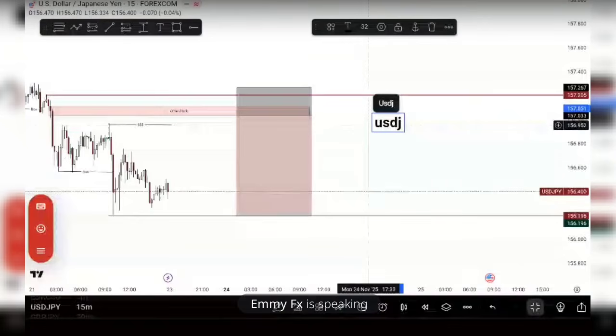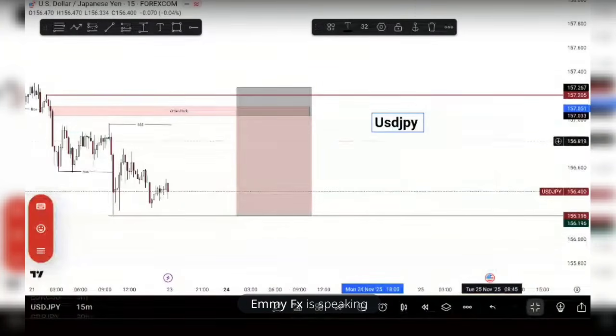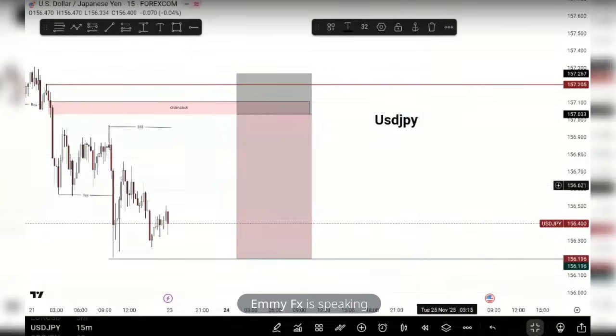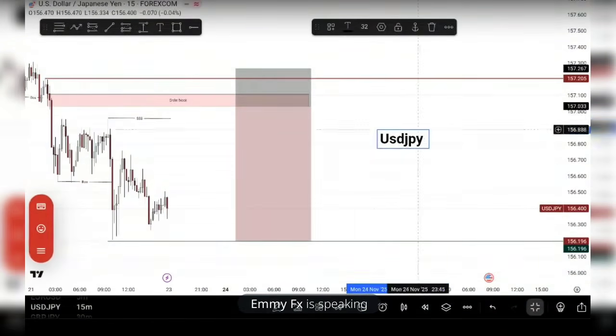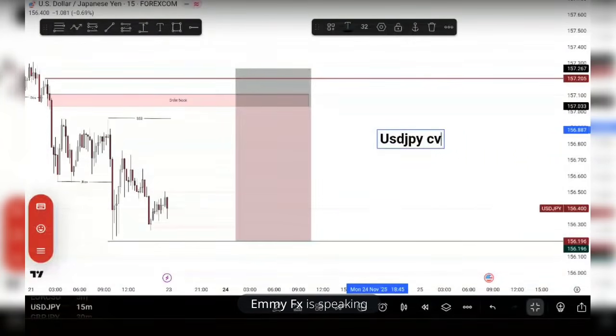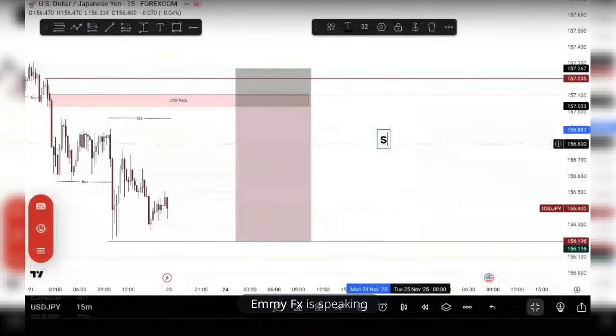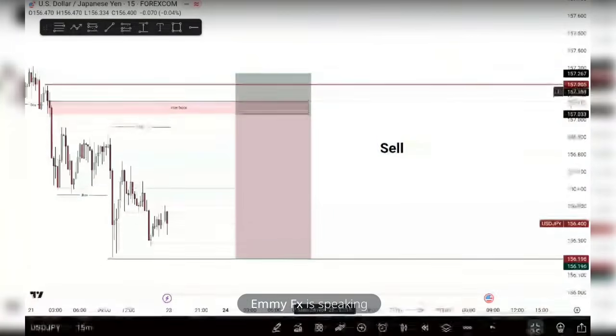It's always good, even though we have everything intact and clear. All right, this is the second setup on USD JPY.